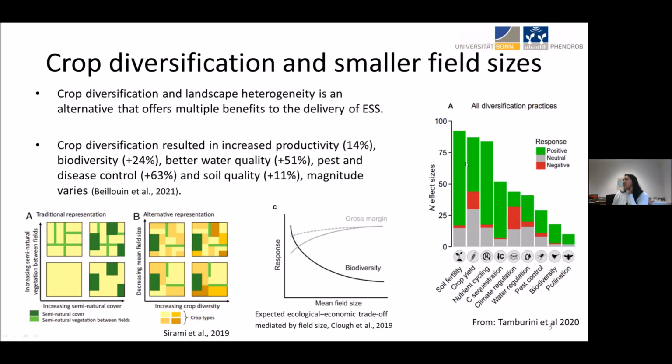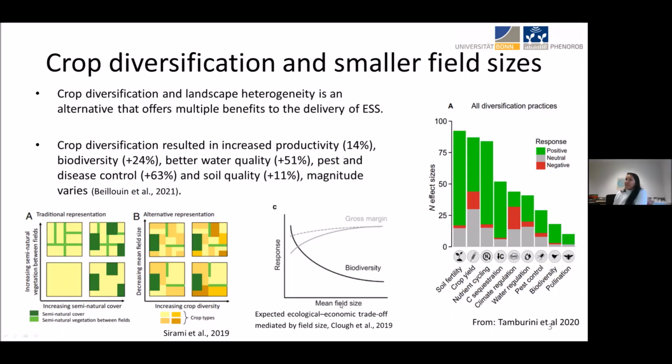And he found that it was mostly a positive response in most of the studied factors. So a positive response in soil fertility, crop yield, but also in nutrient cycling, also improved pest control and an increase in biodiversity and pollination.